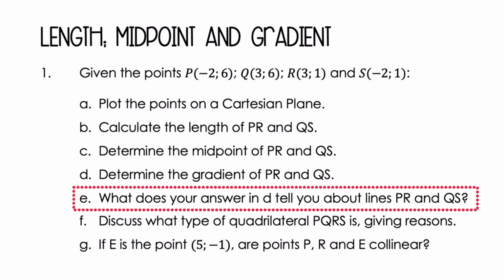The next question says, what does your answer in D tell you about the lines PR and QS? When working with gradients in analytical geometry, we have to remember that parallel lines have equal gradients, so the gradients are the same. And two perpendicular lines, where the lines meet at a 90-degree angle, the product of the gradients is negative 1.